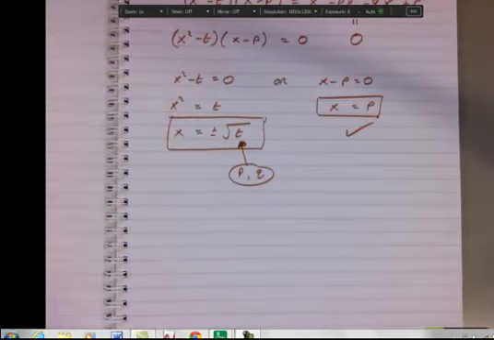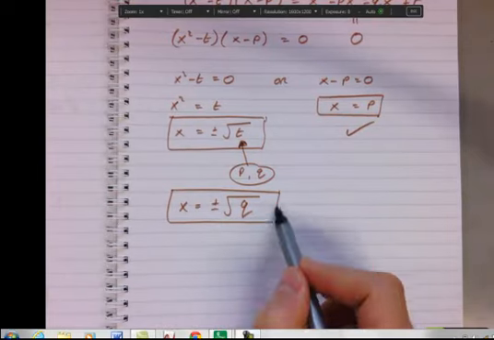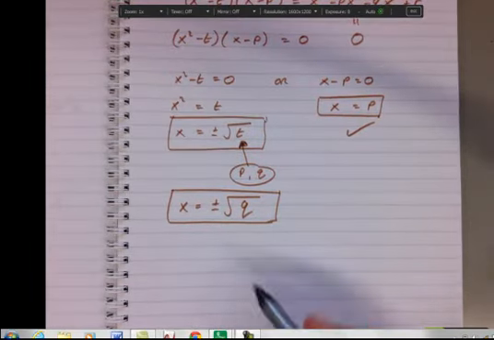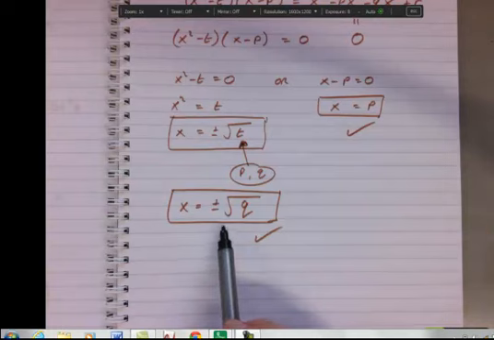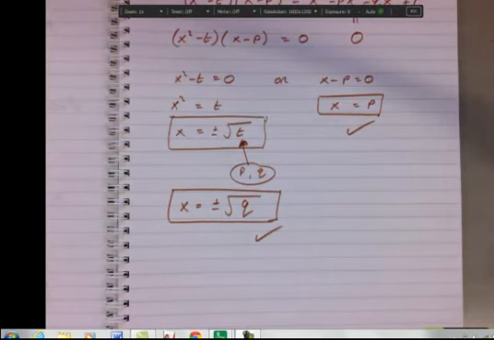So taking that fact, I can say x is equal to plus or minus the square root of q. And there's your other two roots. You'll notice there are two roots here, and then this one is your third one, which fits in with some of the things that we know about cubics, having to have three roots.